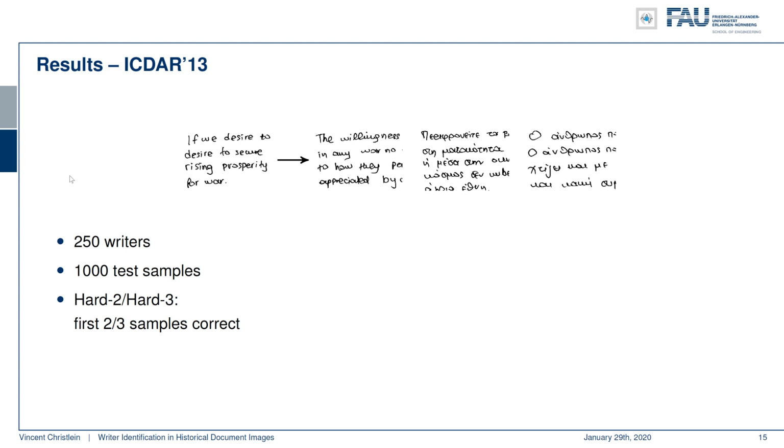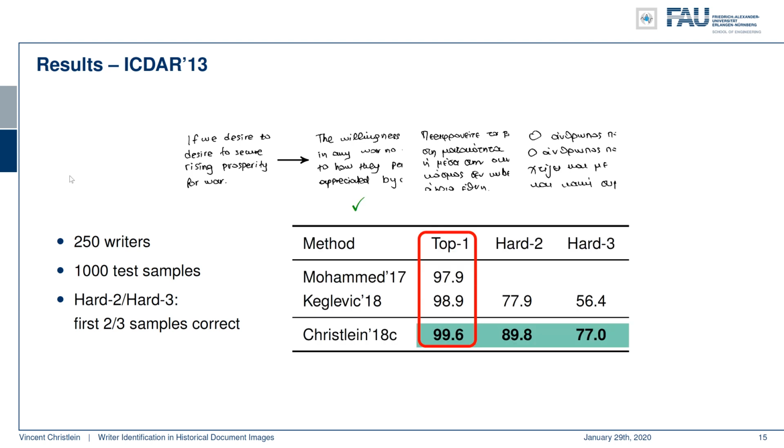Just to give you a feeling how good the rates are now on contemporary data: this is a data set consisting of 250 writers in the test set. The nice thing is that every writer had 2 samples written in Greek and 2 samples written in English. So of course, to also detect the other script is quite challenging. Nevertheless, we are here already at rates of over 99%.